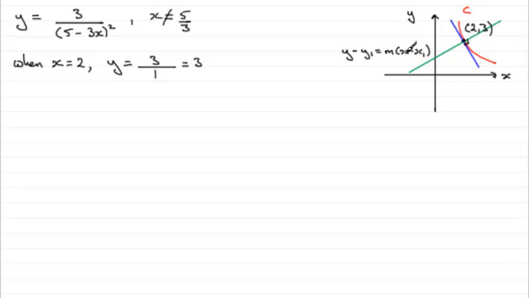So I've got my x1, got my y1, I need to get m, the gradient of the normal. To get that, I need the gradient of the tangent at this point, but I need to get the gradient at any point, and that's got by differentiating y with respect to x. Now to differentiate this, I can see quite a few people thinking they'll use the quotient rule.